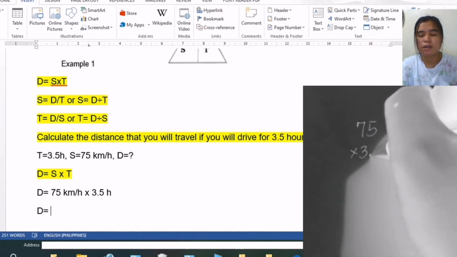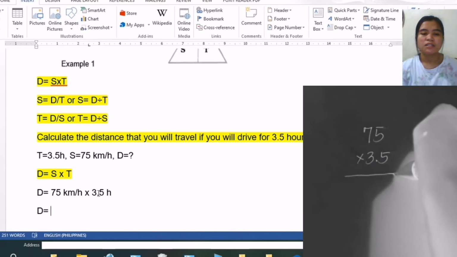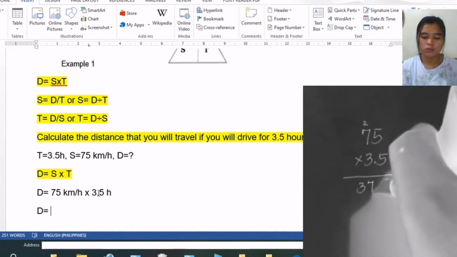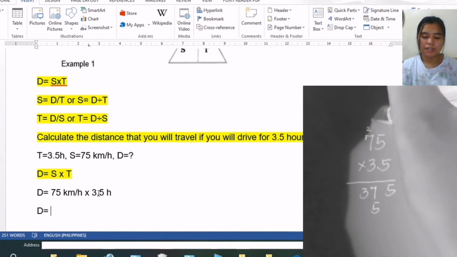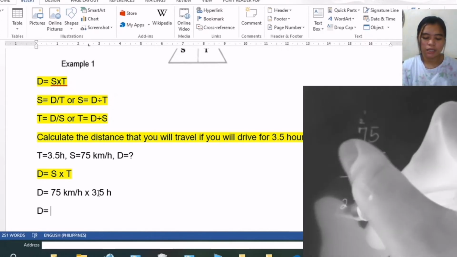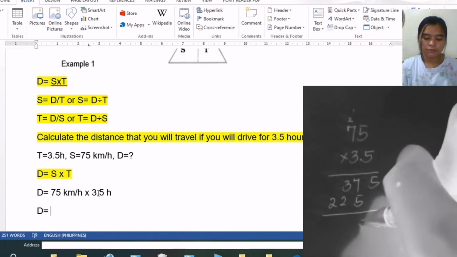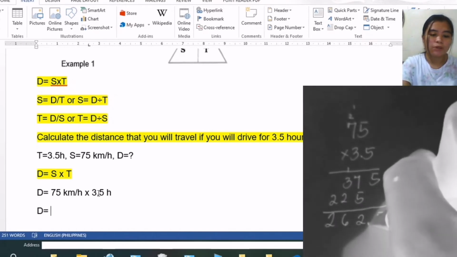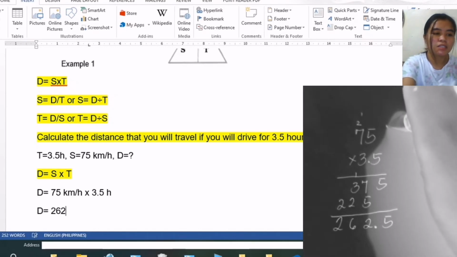Ano ba ang sagot kapag minultiply natin ito? If we are going to multiply 75 km per hour by 3.5, the answer will be 262.5.